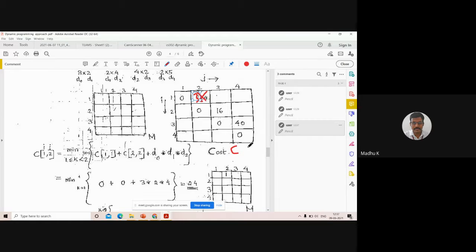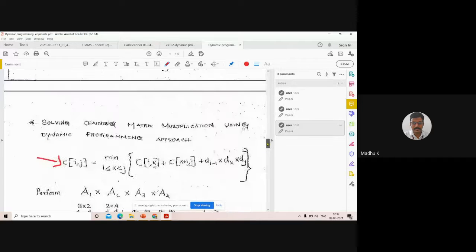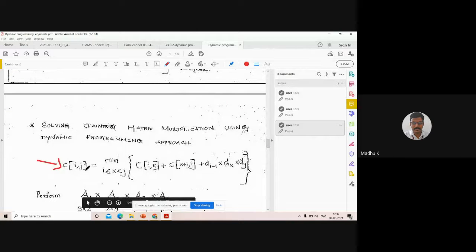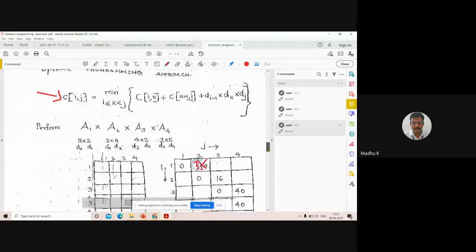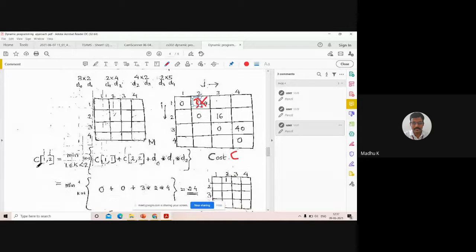We can use this equation C of i comma j. Basically this entry is C of 1,2. This is the entry I am focusing on, C of 1,2.